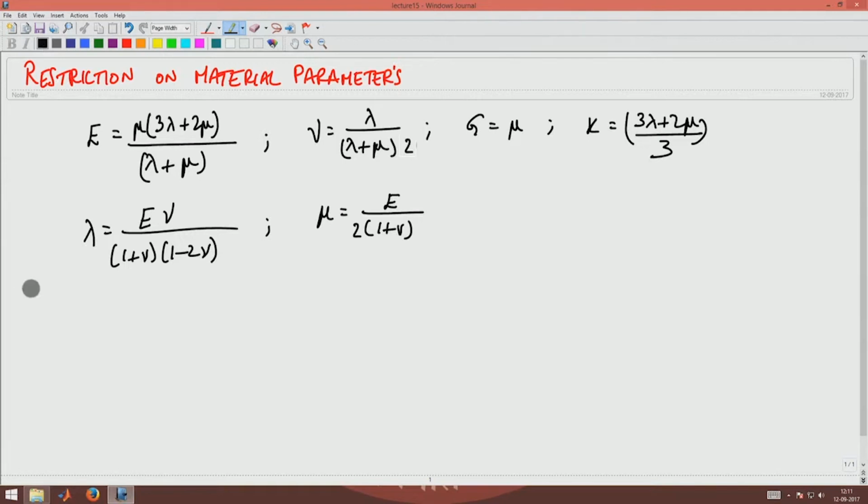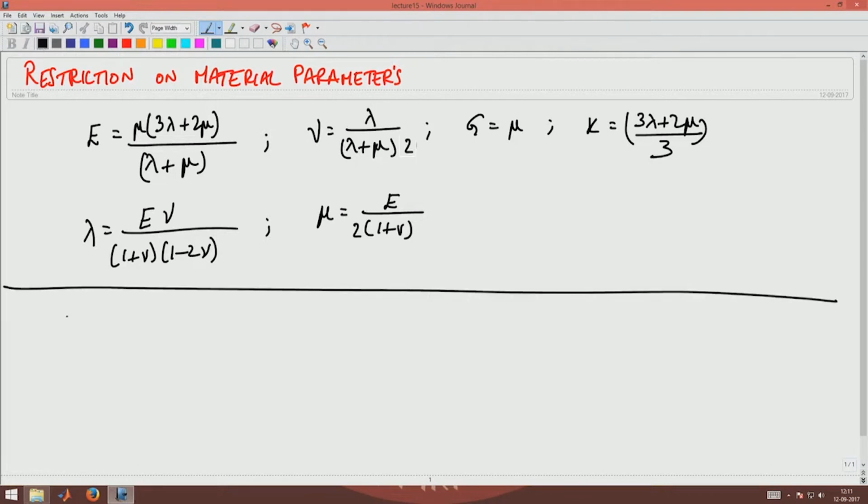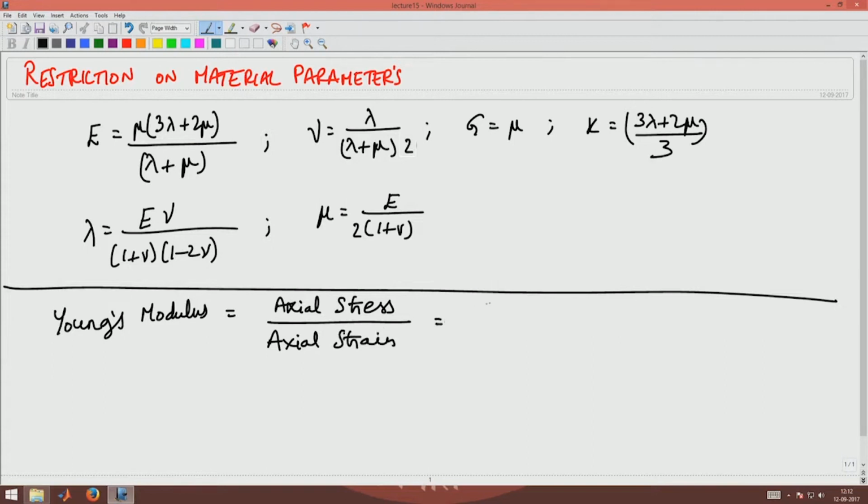Now, we define the Young's modulus as axial stress by axial strain, which was P by A into delta by L, right. L is positive, A is positive.